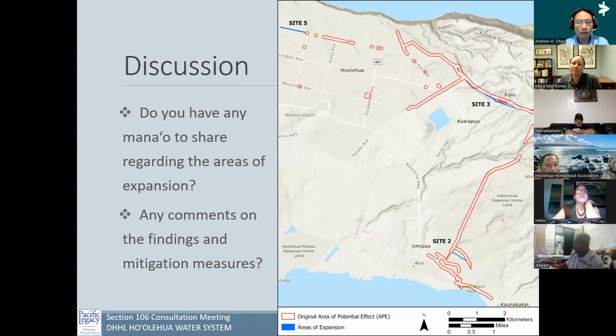Okay, so Site 5 is pretty simple. It's just extension of improvements to that water line. And with Site 3, I don't know the exact linear footage, we can get that, but it was basically to replace the asbestos concrete pipe, excuse me, with ductile iron.